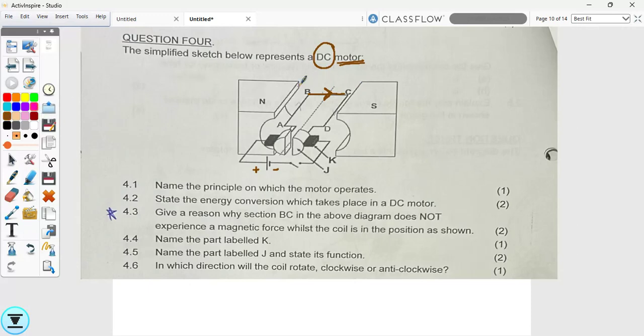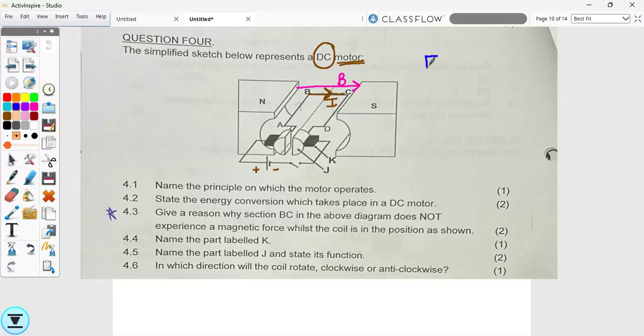And if you are looking at the magnetic field, it is going in that direction. So we have a current going to the right and a magnetic field going to the right. So they're going in the same direction. Now you can do the maths, or you can just say the current and the magnetic field are in the same direction.